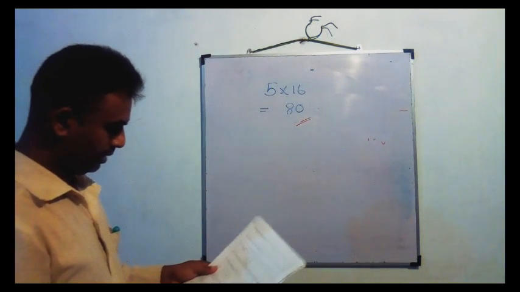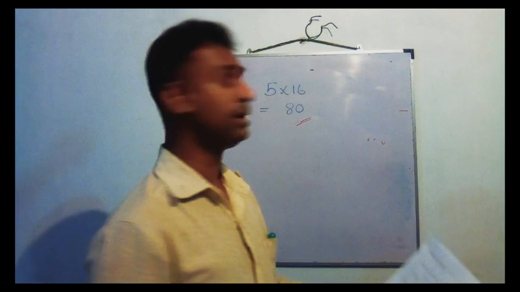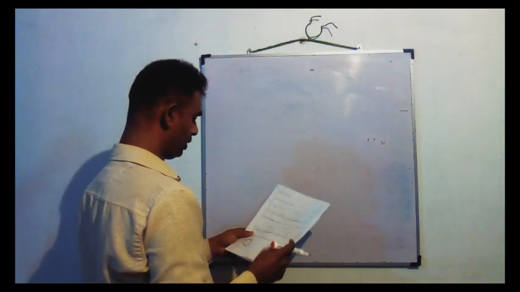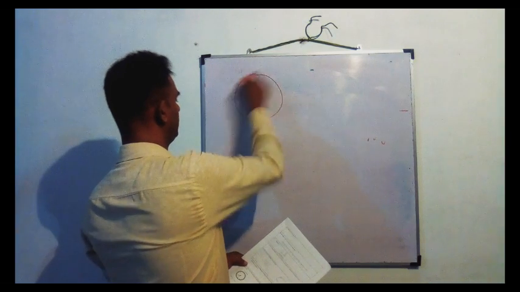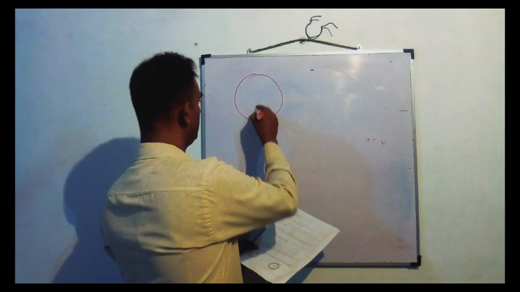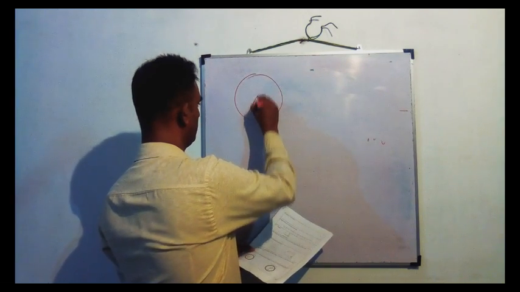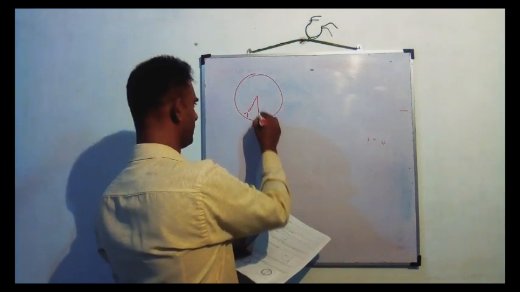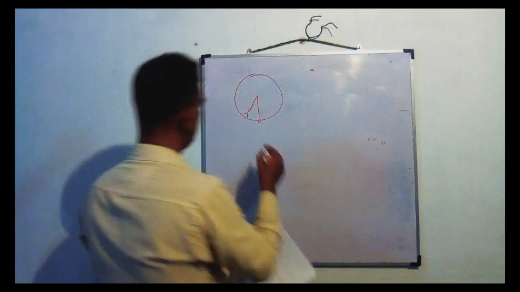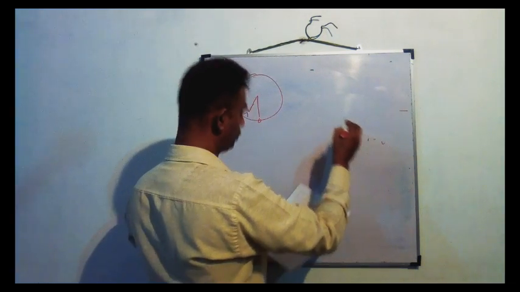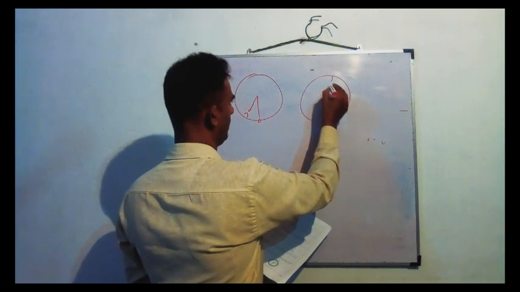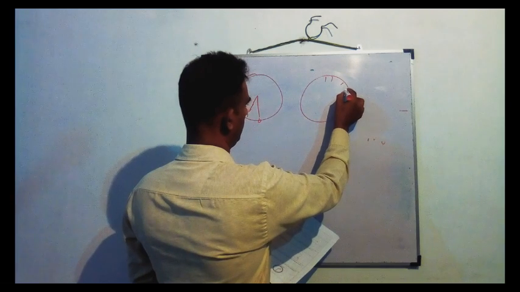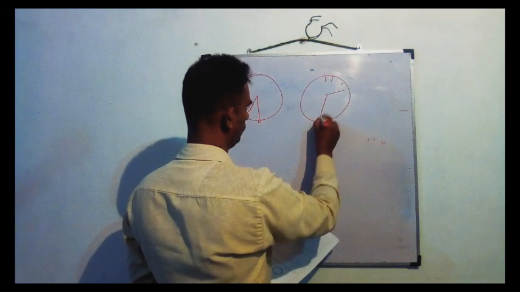Next, the school start time and the school ending time are shown in the clock. Like this. Here 7, here 6, the others are like this. Next, the time the school ends.